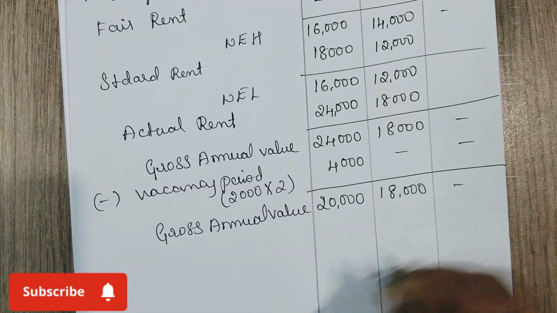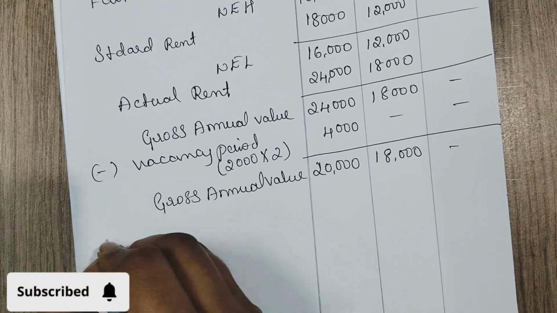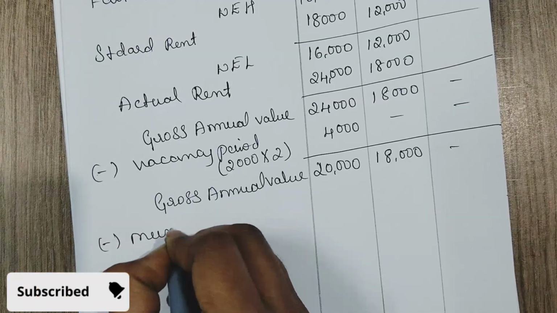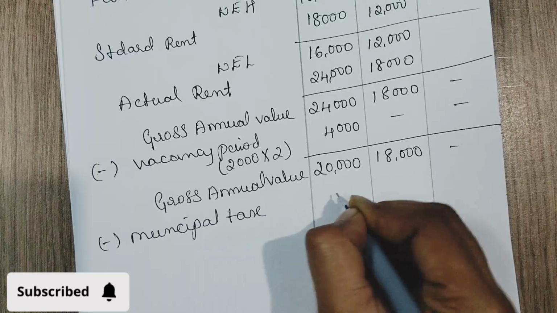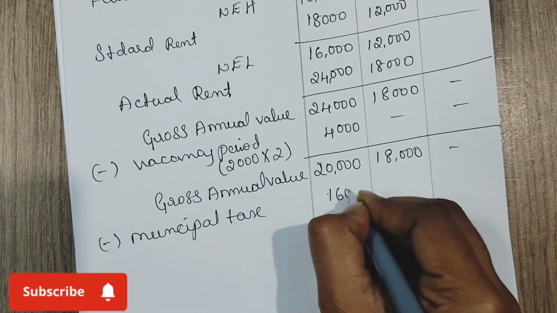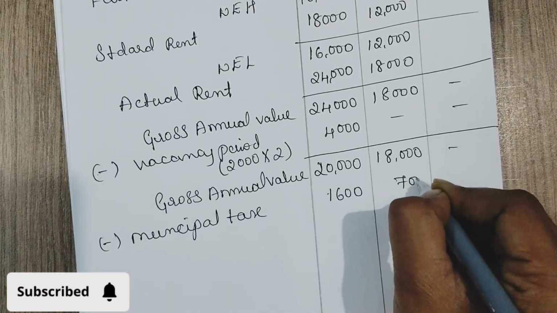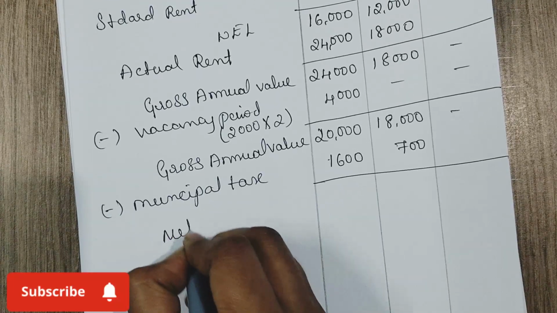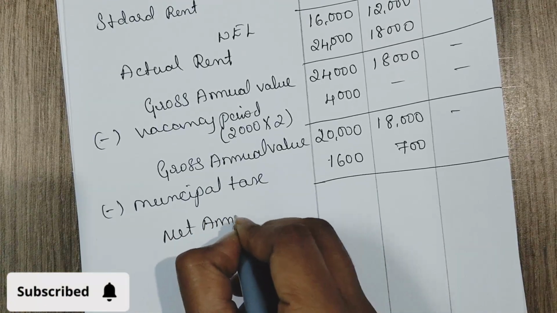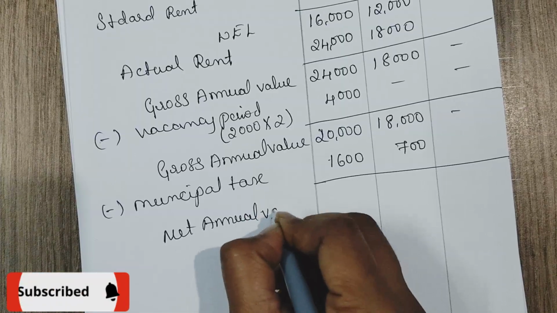You need to minus municipal tax. Municipal tax paid by owner 1,600, 700. We will get net annual value.